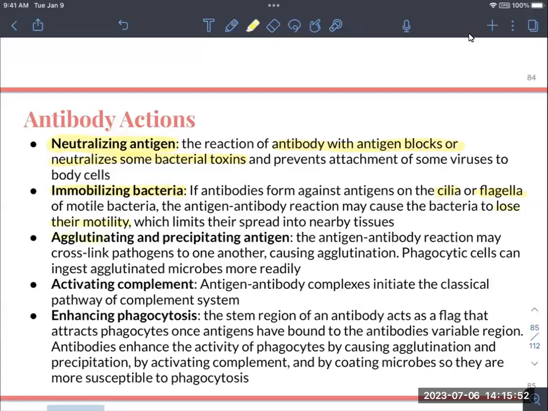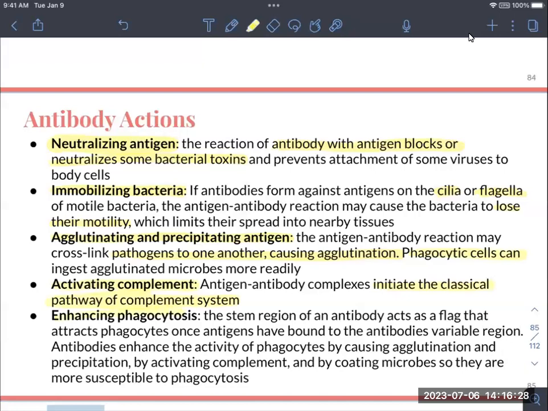We have agglutination and precipitation. When that antibody and antigen reaction cross-links with pathogens, it can cause agglutination. So phagocytic cells ingest the agglutinated microbes and break them down. Then there's activating complement. They initiate the classical pathway of the complement system.